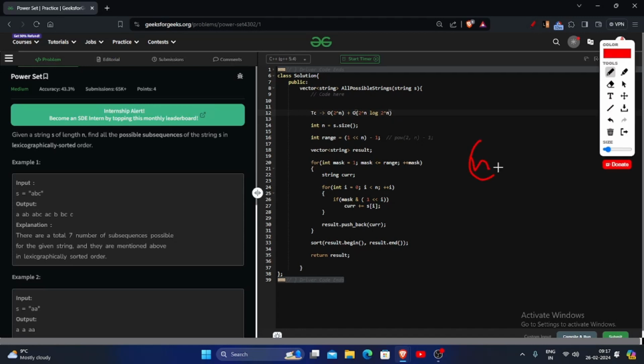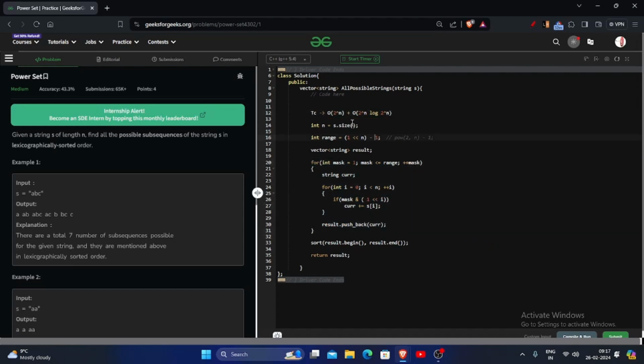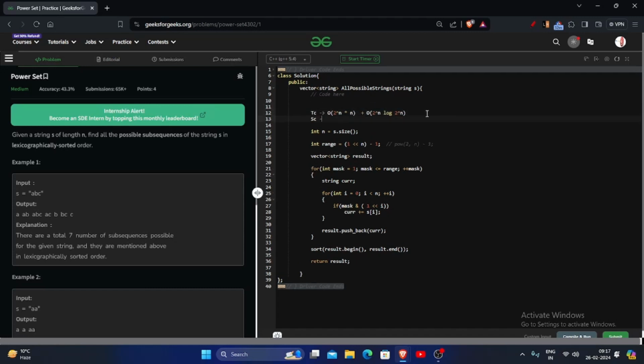These are not n here, we have 2 raised to the power n subsequences. 2 raised to the power n subsequences log for sorting, and this is for iterating here. Actually, this is 2 raised to the power n cross n plus this is for sorting the vector, and space complexity is also order of 2 raised to the power n, but you can say this is an auxiliary space used for the answer vector.